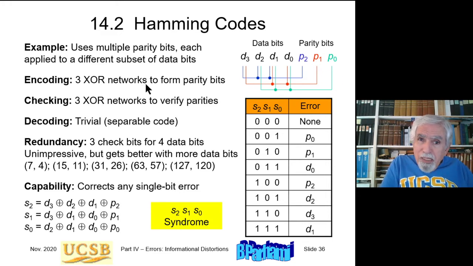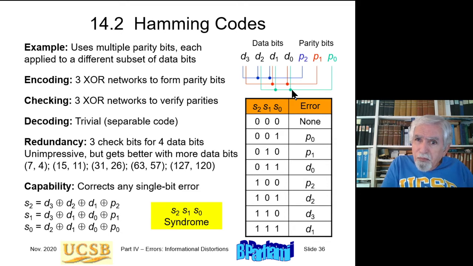So forming the parity bits, in other words encoding, requires 3 XOR networks. You have to do 3-bit XORs to compute each of these. That's encoding. Checking the correctness of this code word requires 3 XOR networks, each of them doing 4-bit parity computations.